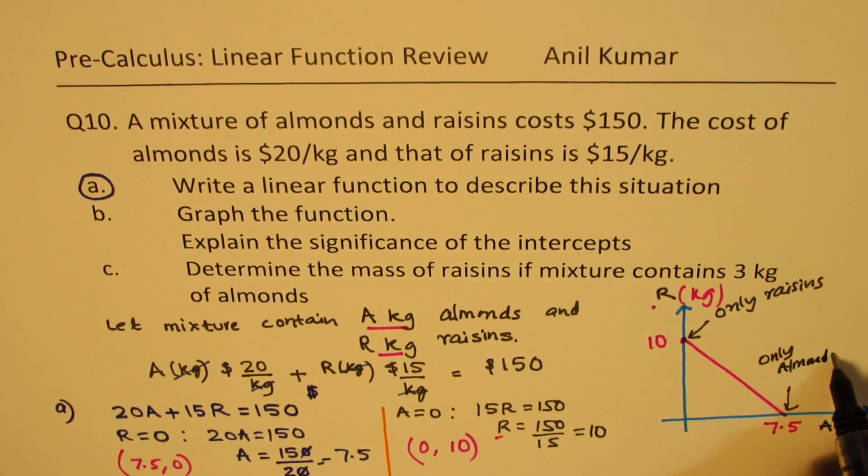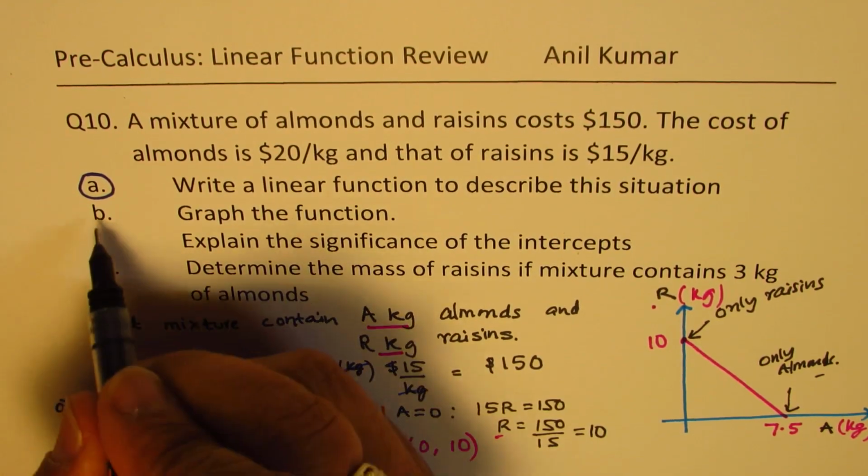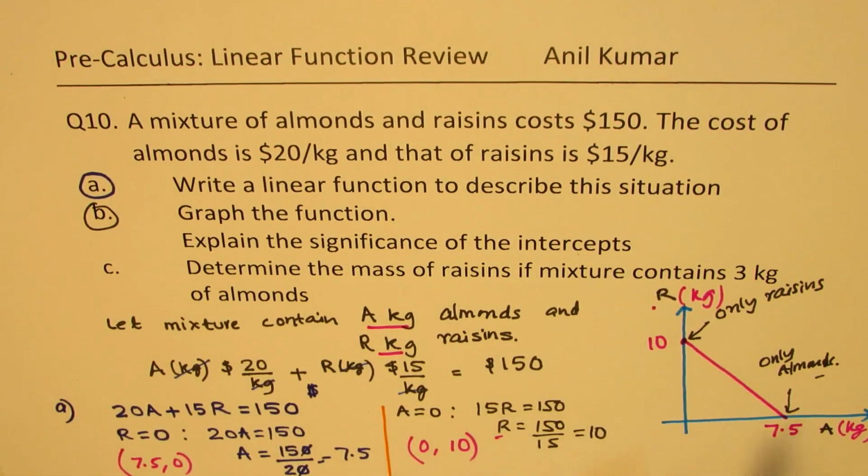So that is the significance of the intercepts. Clear? We have answered part B: the intercepts show that if almonds are 0, then the raisins will be 10 kg, and if raisins are 0 kg, then the almonds will be 7.5 kg.